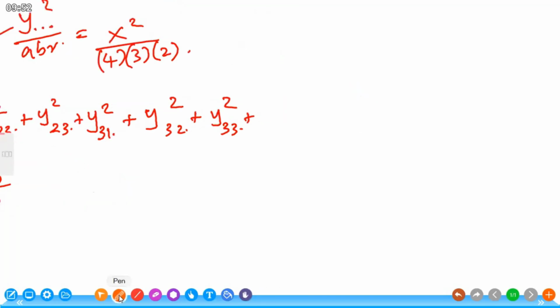So likewise, you complete up to, what is the last one? y4 3 dot square.